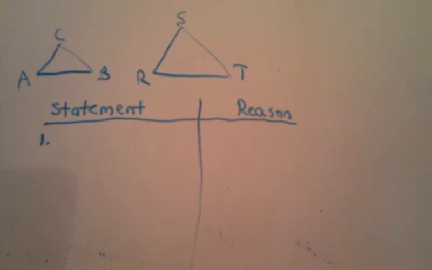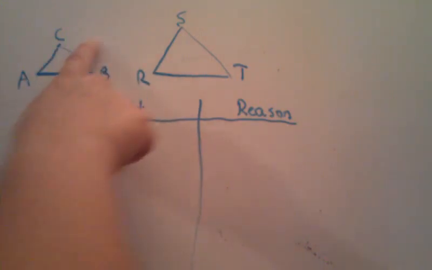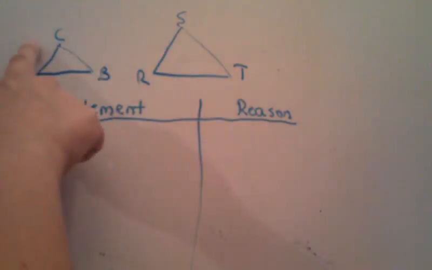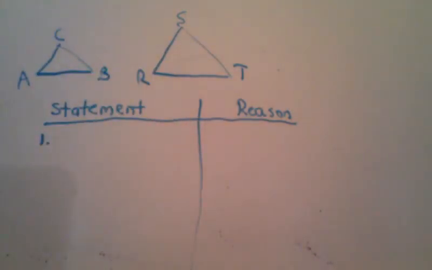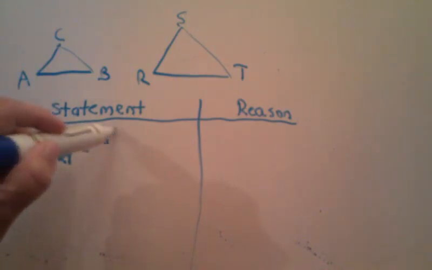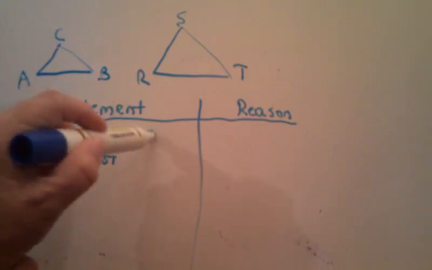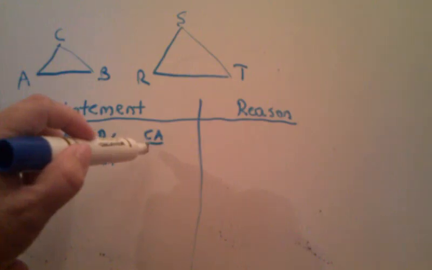Let's say that it's given that AB over RT equals BC over ST equals CA over RS.